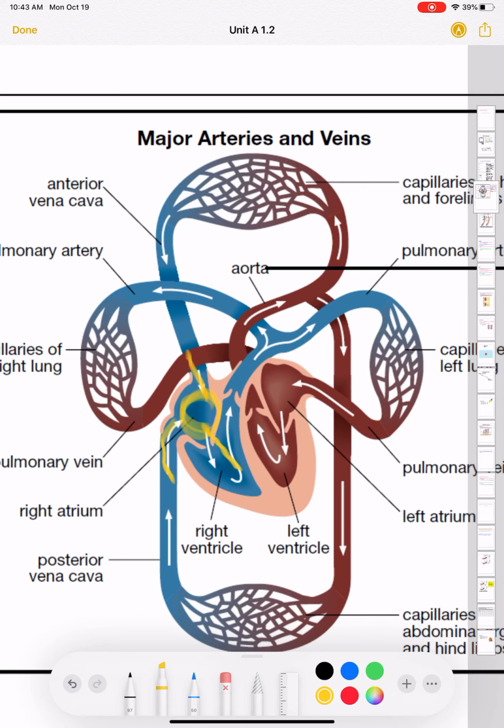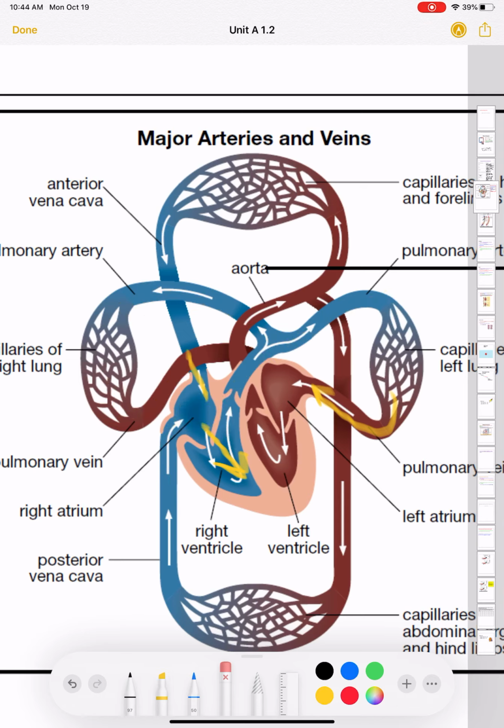The blood gets pumped through these valves to the right ventricle, and then out of the right ventricle through another set of valves, out of the heart towards the lungs. It goes through the pulmonary artery to the lungs, to both lungs, right? We have one on each side. At the lungs, they will exchange that carbon dioxide for oxygen, and then the blood will come back towards the heart through the pulmonary veins.